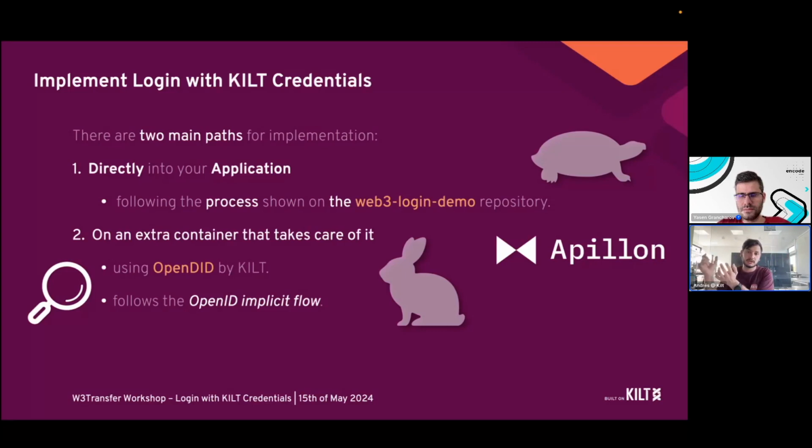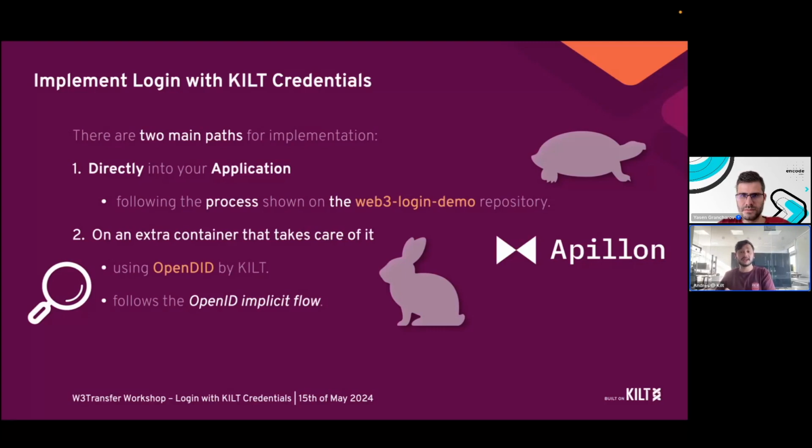It handles all the interactions between the container, the redirected website, and the wallet, and then the website gets the authentication token back. OpenDID follows the OpenID implicit flow, if you're familiar with it. This is very fast to implement. This will also be the focus of today, but it's not the only thing that's possible to do.